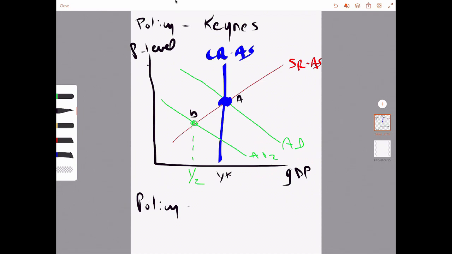Keynesian policy is designed to shift aggregate demand. So let me specify this here. This is Keynesian policy. This is not all policy, but this is most policy that we see in our world today. We see that Keynesian policy is designed to shift the aggregate demand curve. That's what it's good at.